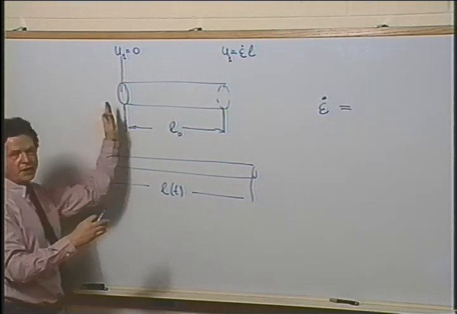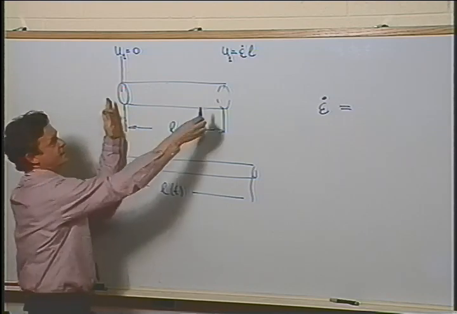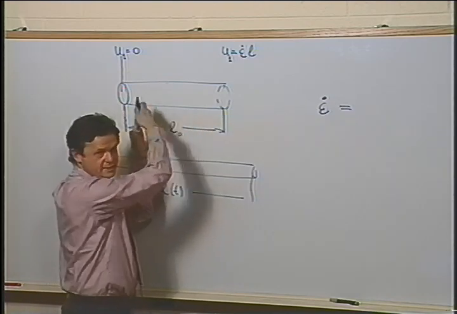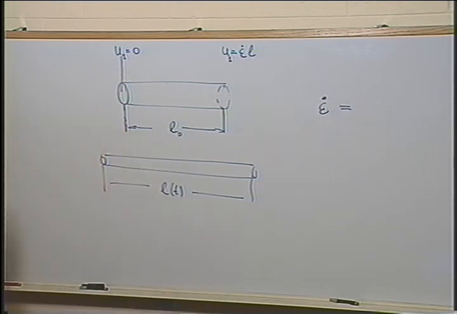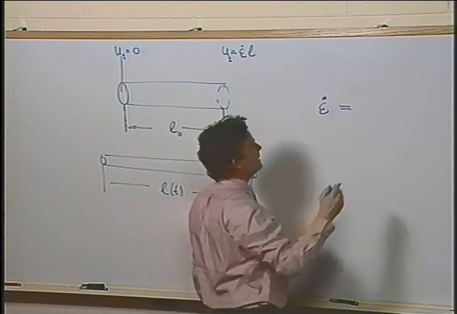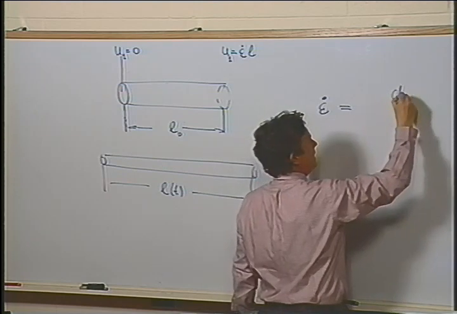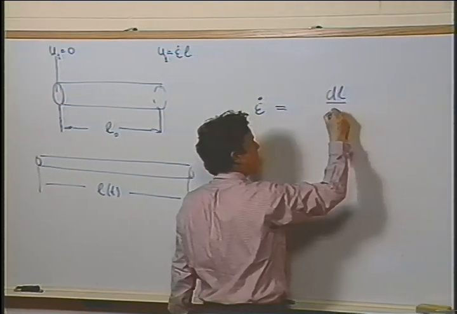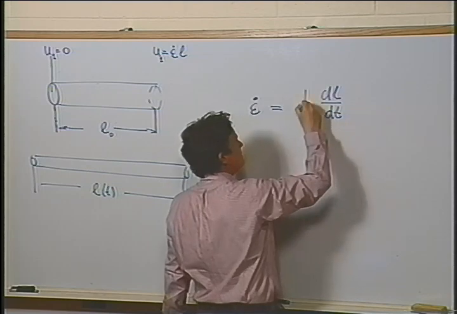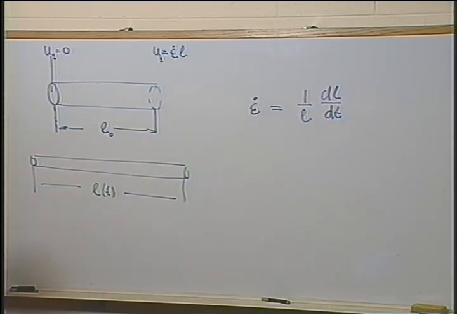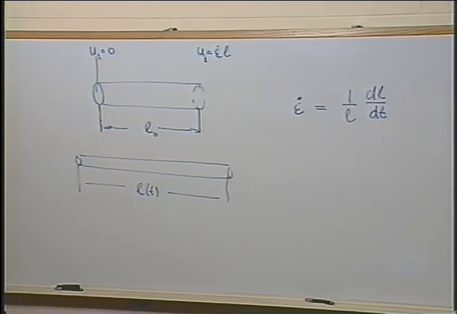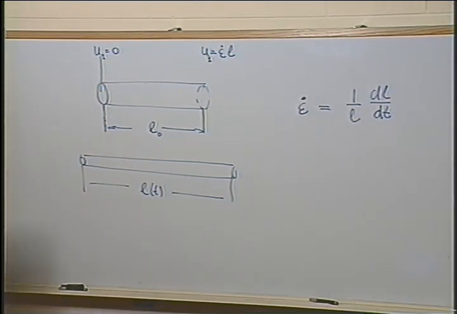One corner of our material element was at rest, and the other corner was moving because there was a velocity gradient in our material. So this extension rate is defined by the change of length of this material element divided by the instantaneous length of the material.